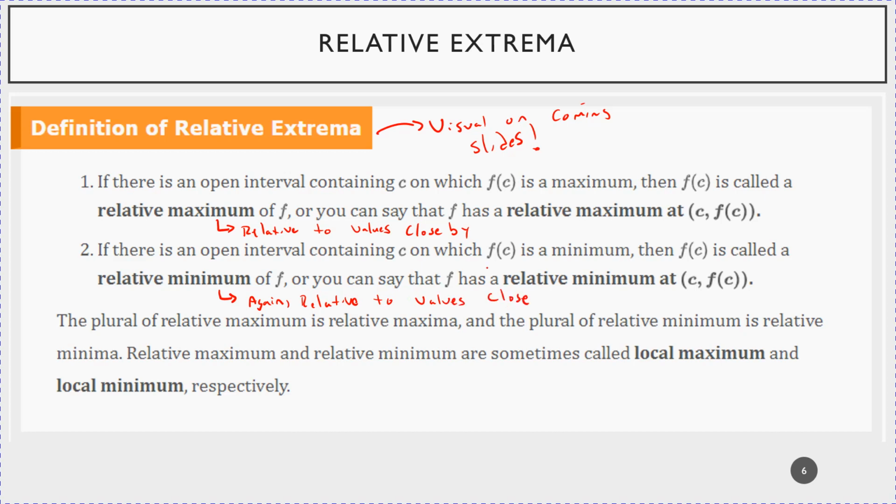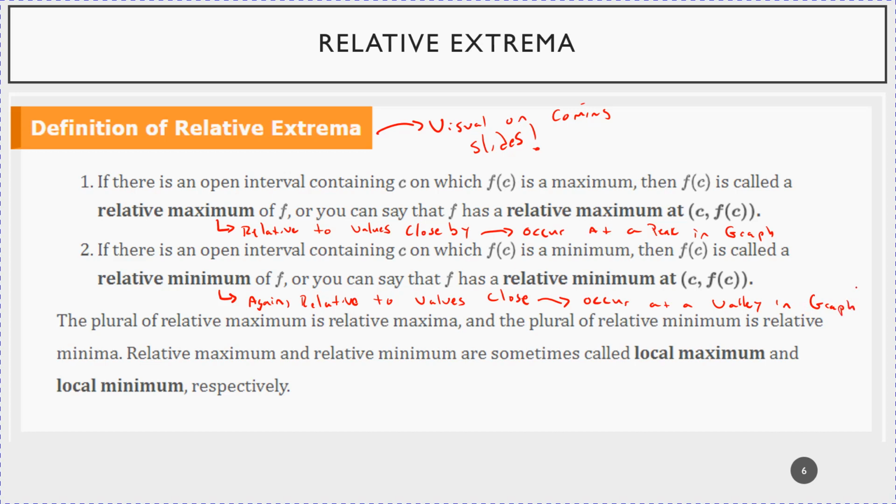And so what you're going to notice is relative max occur at peaks in a graph. And then these relative mins, which you're going to notice when I do the first visual, occur at a valley in the graph.